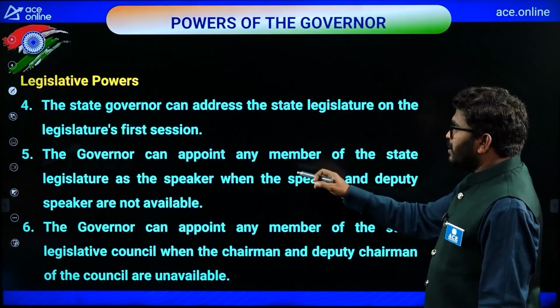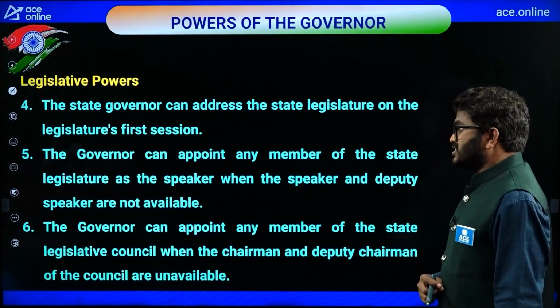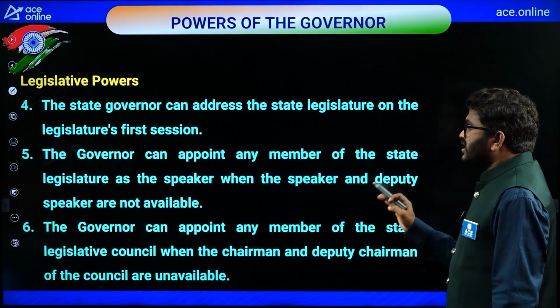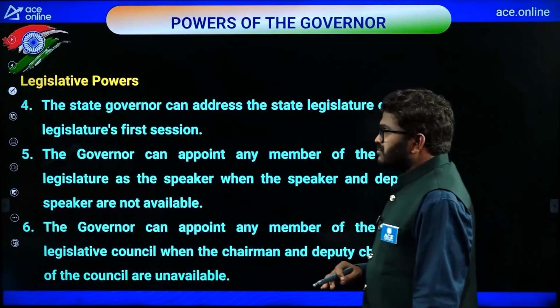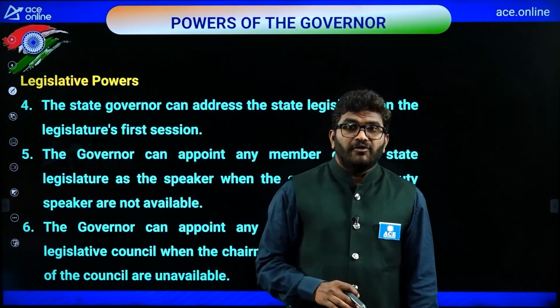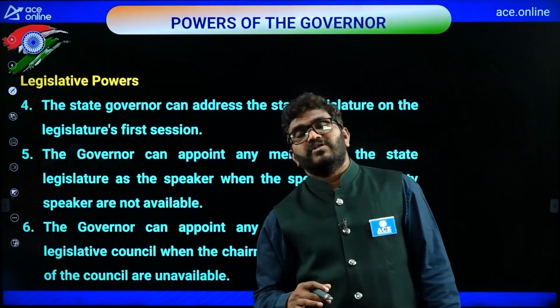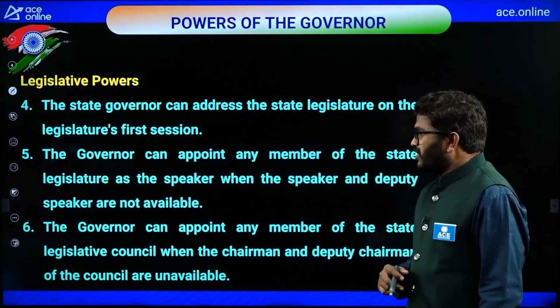The governor can appoint any member of the state legislature as speaker when the speaker and deputy speaker are not available. So remember, if the speaker and deputy speaker are not available, then the governor will appoint one of the MLAs as speaker.